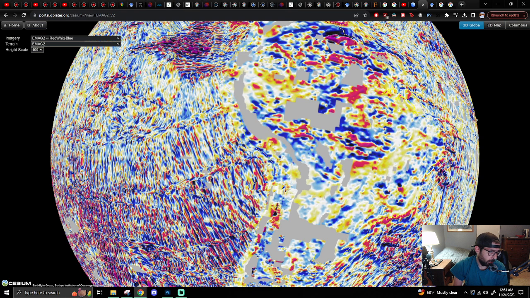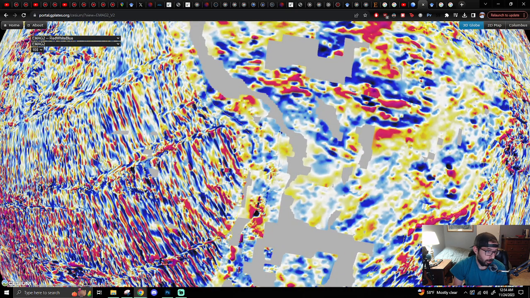Probably especially in this region, I would guess. I haven't looked into it exactly, but my initial guess is in this region particularly is a more pronounced subduction.